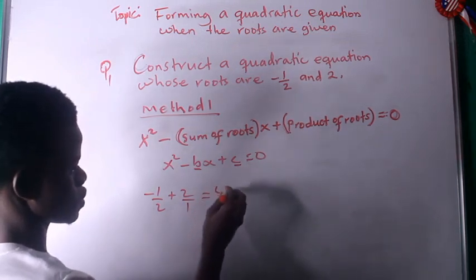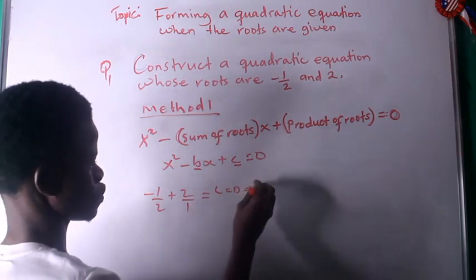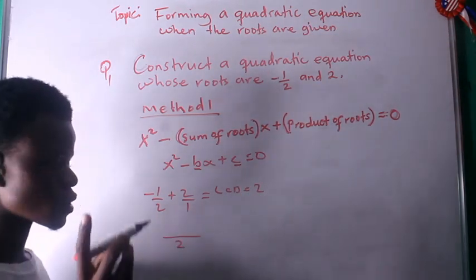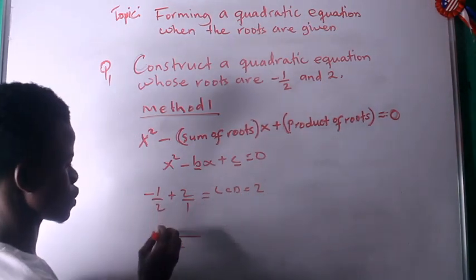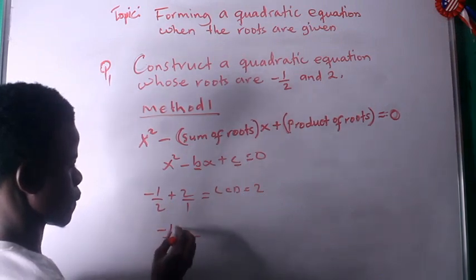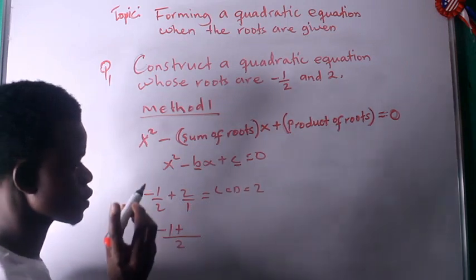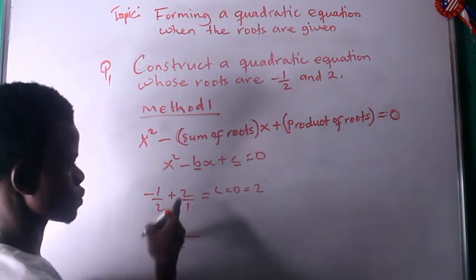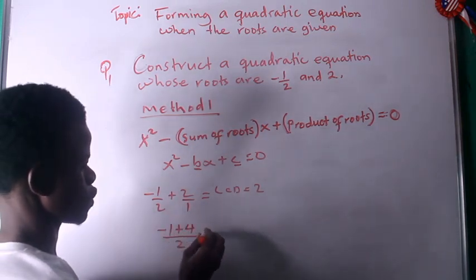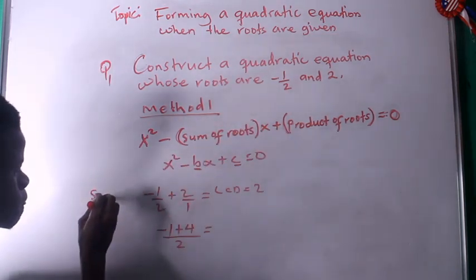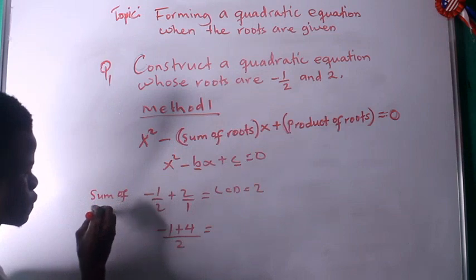Find the LCD, which is 2. 2 into itself 1 time, 1 times minus 1 is minus 1, plus 1 into 2 equals 2 times 2, which is 4.